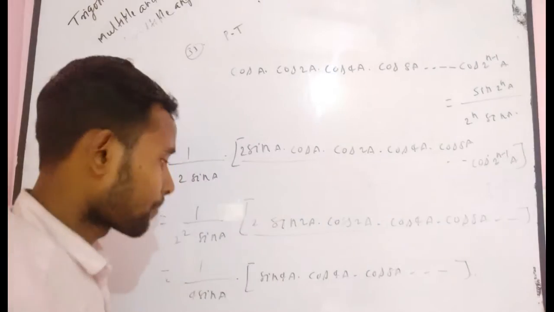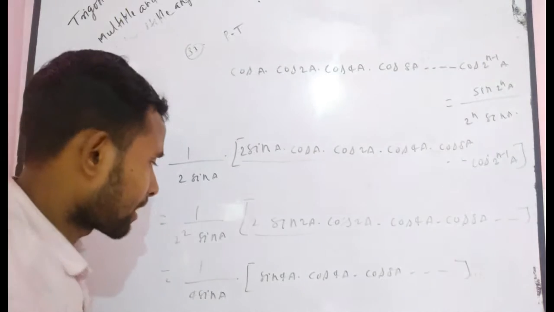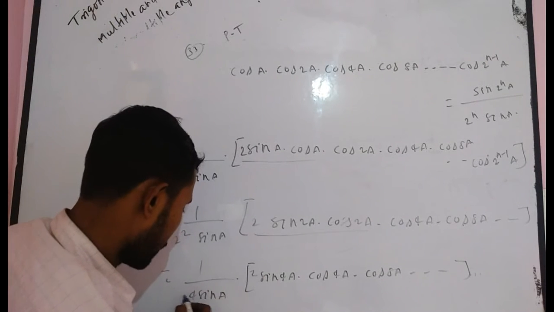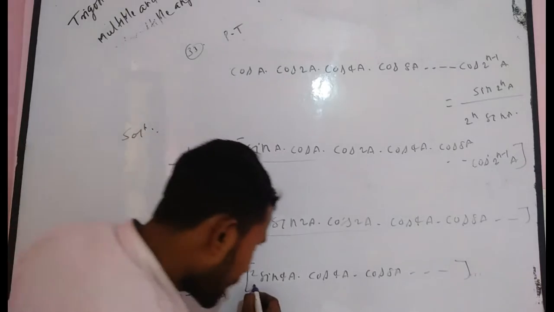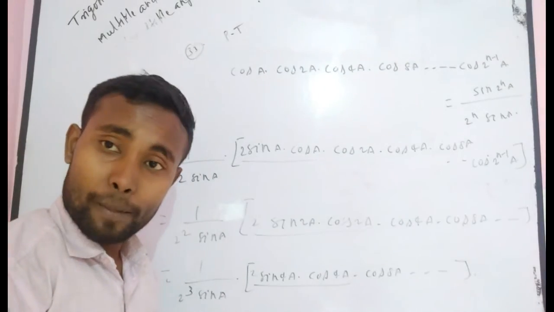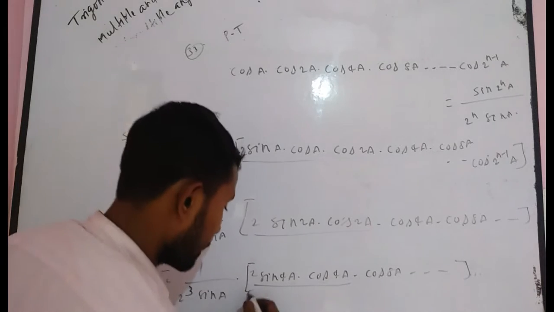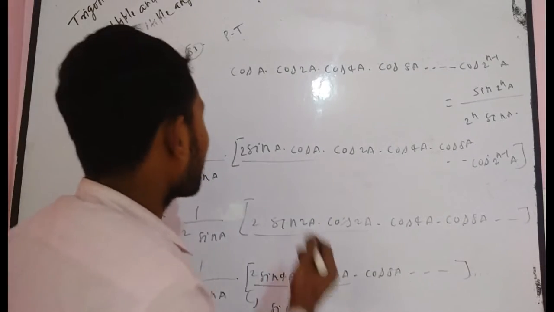I think you understand. Now if you multiply again by 2, here will be 2 to the power 3. Again you get 2 sin 4A into cos 4A, that means sin 8A. Now you can write similarly.